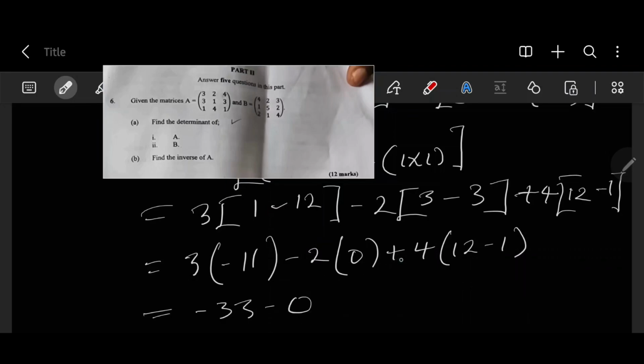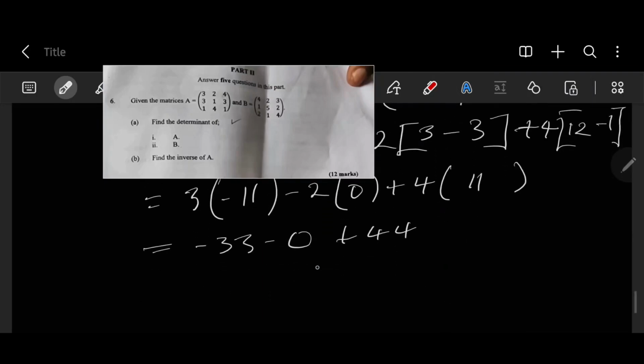Then 4 times 11, I forgot to write this as 11. 4 times 11 is 44. So this is equal to 44 minus 33, which is 11. So the determinant of A is equal to 11.